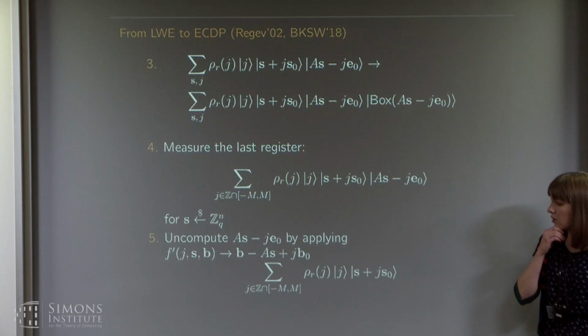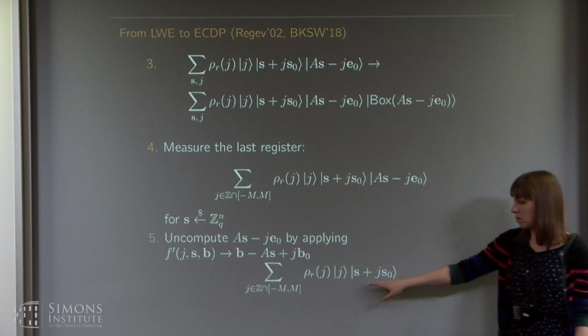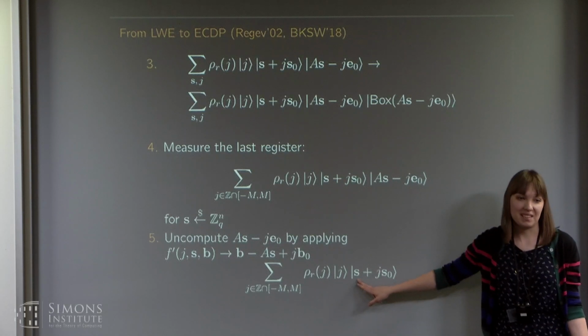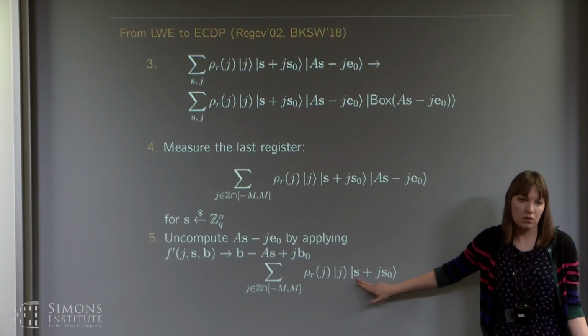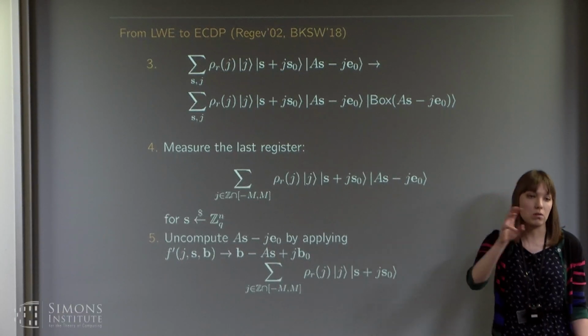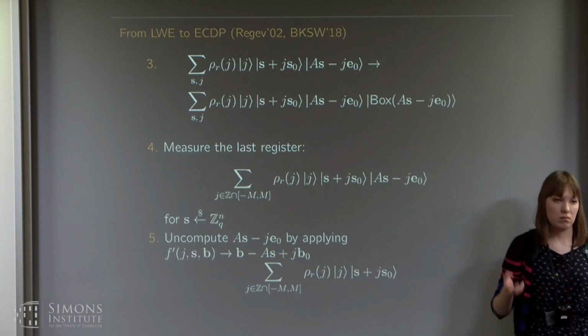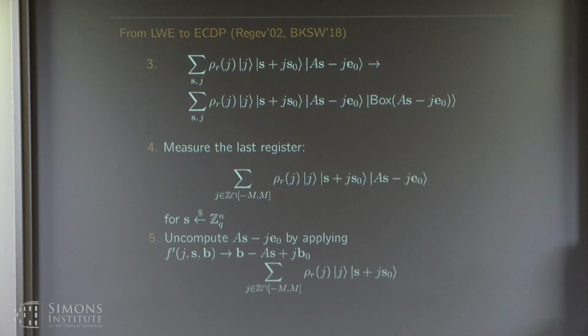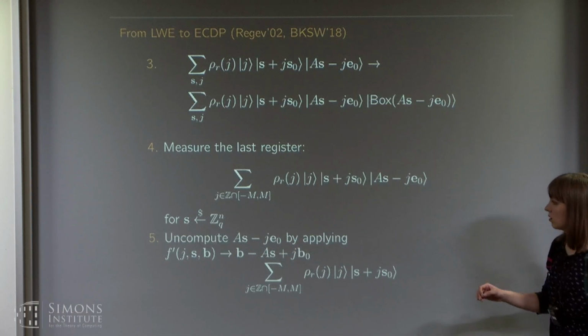So going back to the question of how A and S are related, well, they're not very much related, but A was uniform random from Z_q, and S is as well. S just defines your box. So it comes from the same. Where did E0 disappear? E0 I uncomputed, into B0.